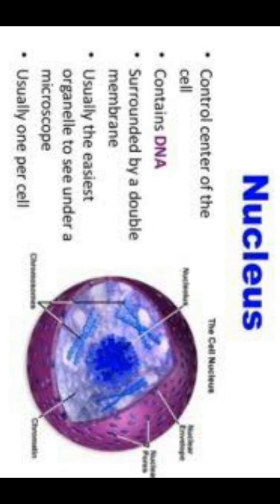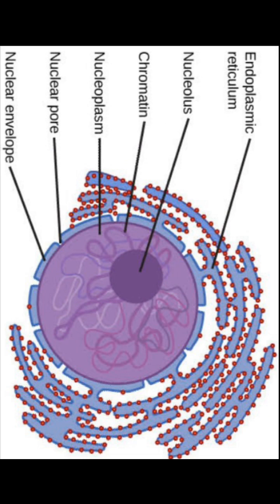The outer membrane usually remains continuous with the endoplasmic reticulum. The outer membrane which you are seeing on the diagram is continuous with the endoplasmic reticulum, and since the endoplasmic reticulum possesses ribosomes on it, you can see the ribosomes in red color in this diagram.